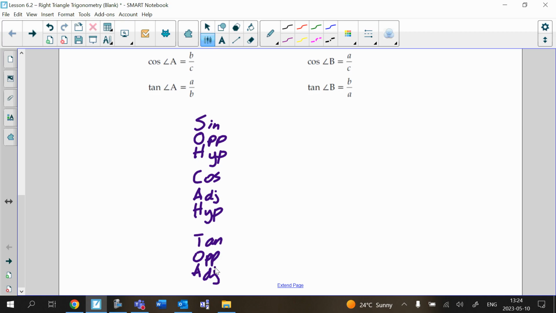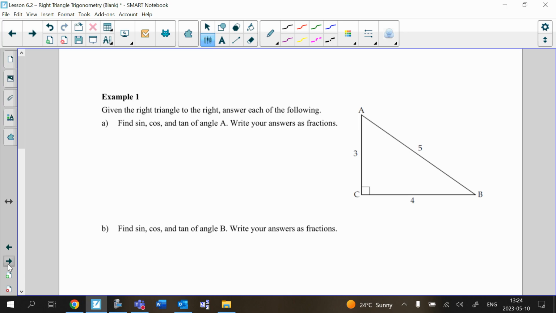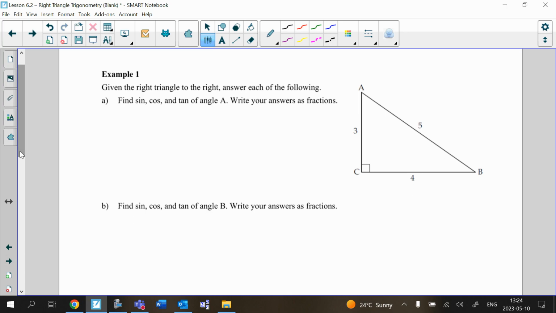Okay. So let's do some examples. Here we're given a triangle, A, B, and C. We're given the three side lengths. We are asked to find the sine, the cos, and the tan of angle A. So that means our answers are going to be fractions. We're not asked to find angle A yet. We're just asked to find the sine of angle A. Well, what's the sine of angle A?